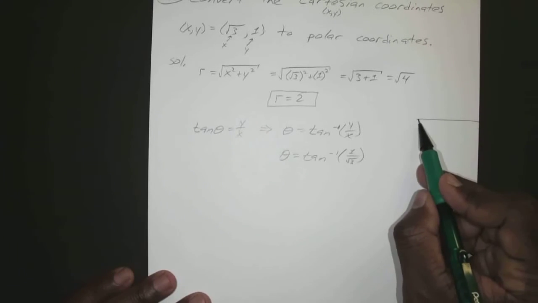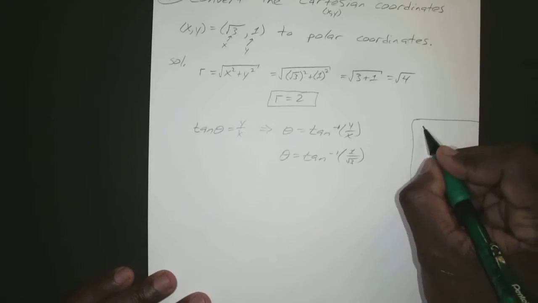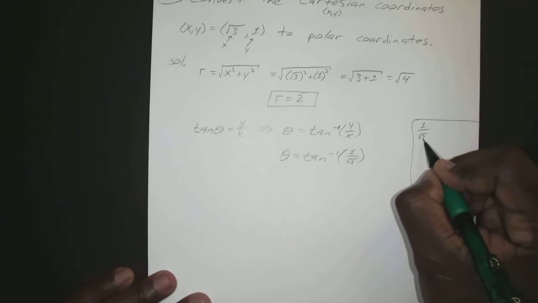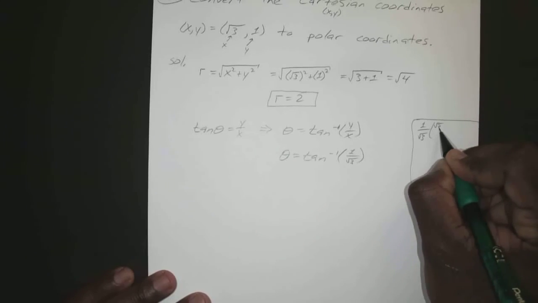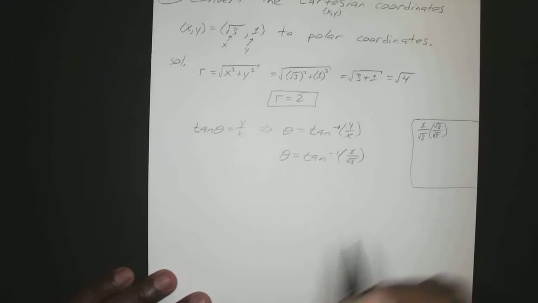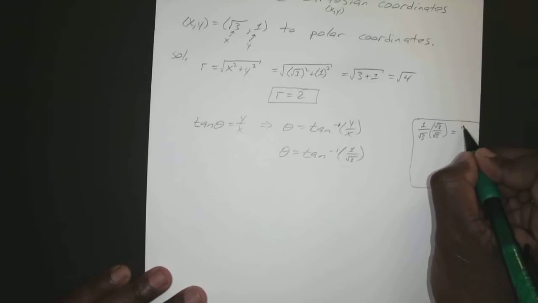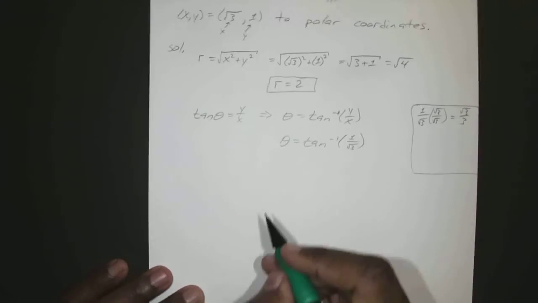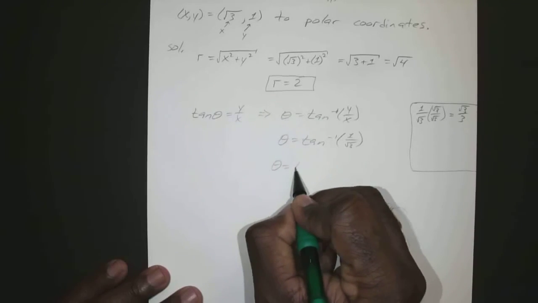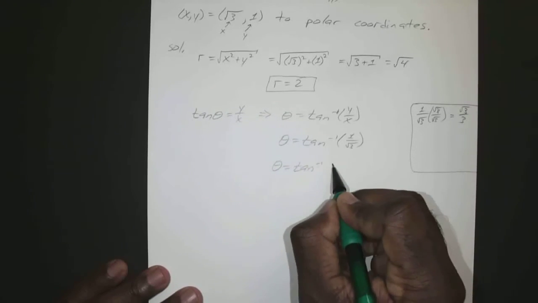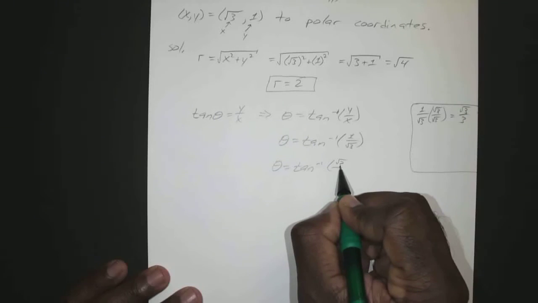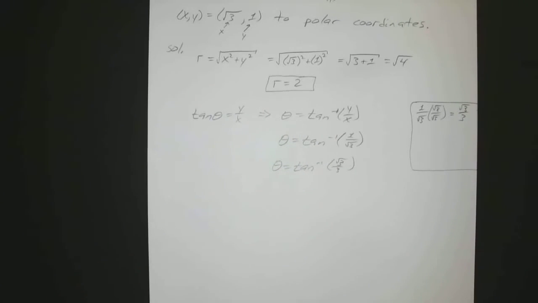Or if we wanted to, we could rationalize the denominator. Remember, 1 over square root of 3, if you multiply it by square root of 3 over square root of 3, is square root of 3 over 3. So theta equals tangent inverse of square root of 3 over 3.